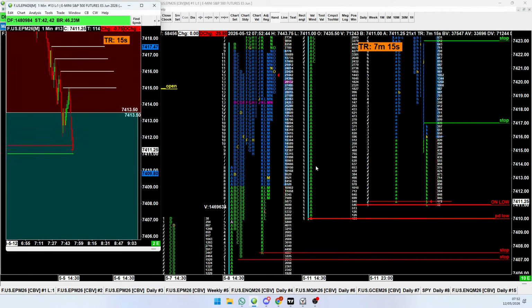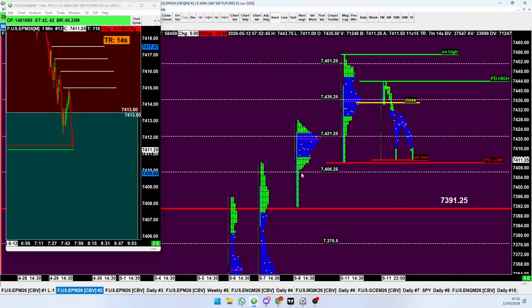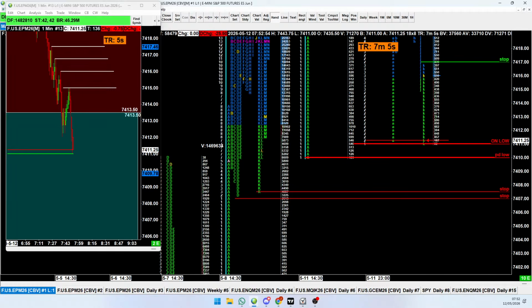Sorry, not yesterday, 2 days ago. And this is exactly the area that I was showing here, the 74.06. That's exactly what I'm looking for. Is can we take this out? And what's going to happen if we get down here?